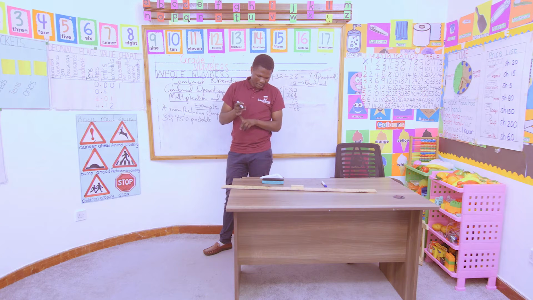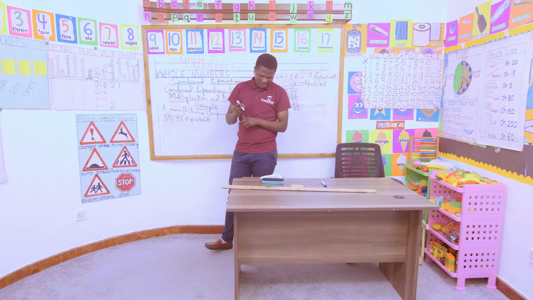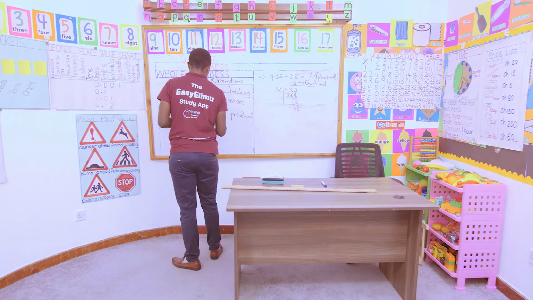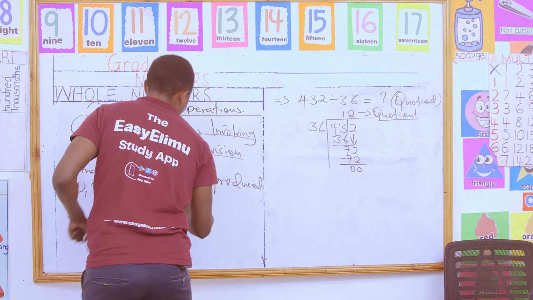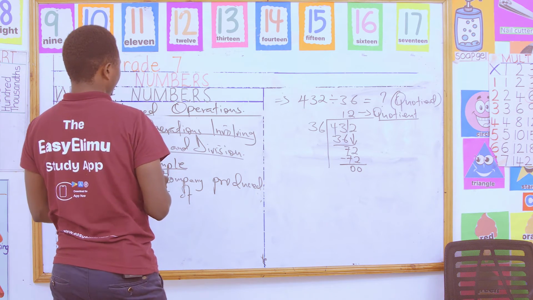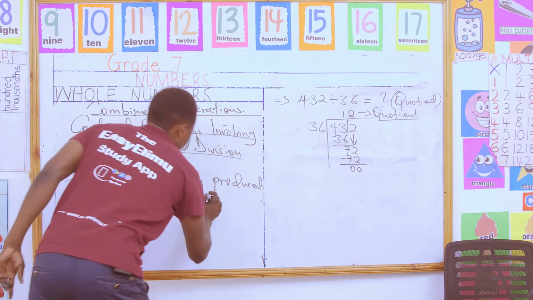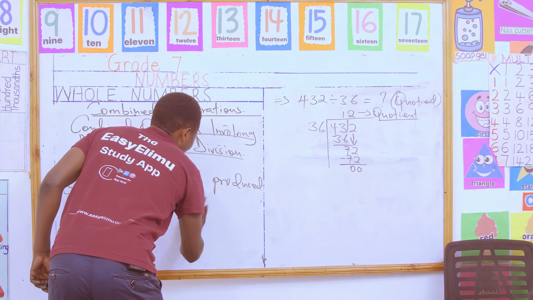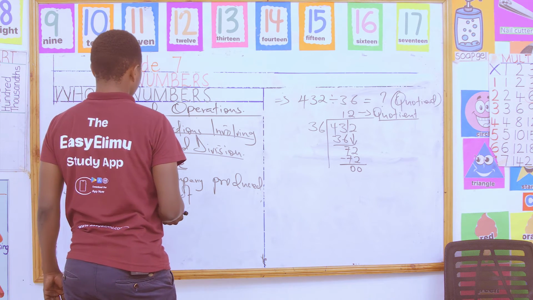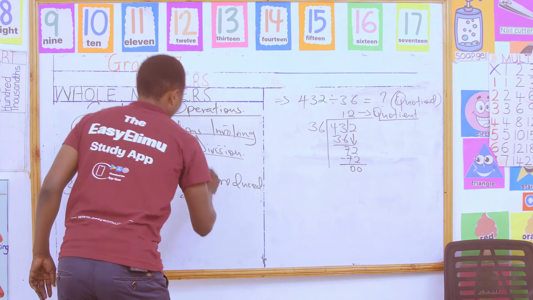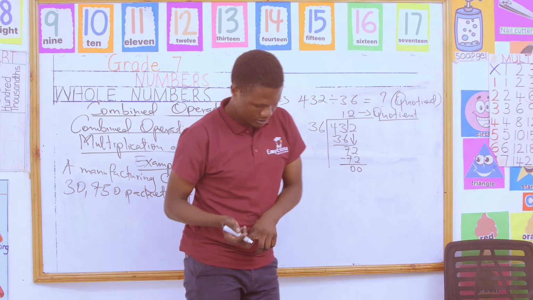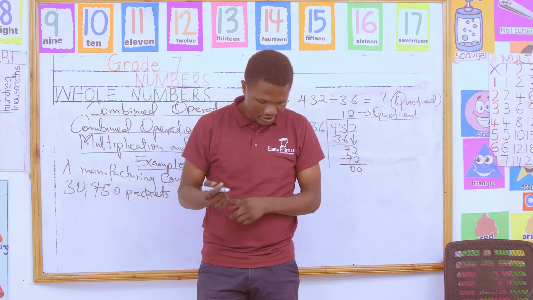A manufacturing company, I hope we are writing together. A manufacturing company produced 30,750 packets of, we can call it, packets of sweets. Let's write it together.